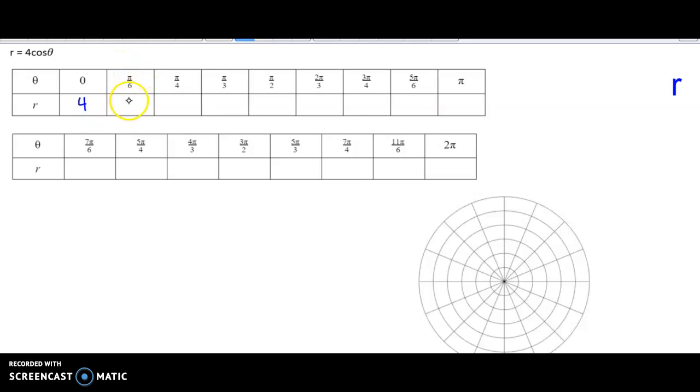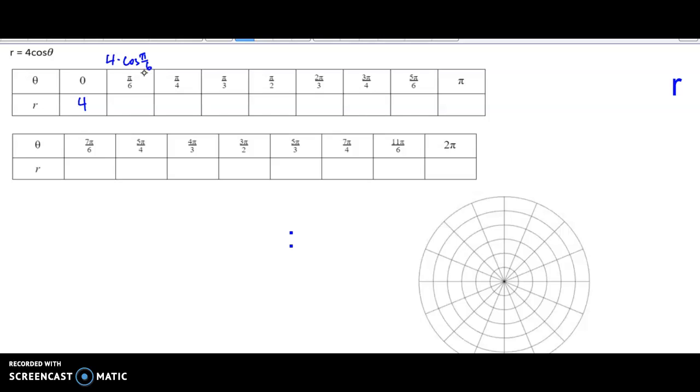Okay, so for pi over 6, you plug that in again for theta, so it's really 4 times cosine of pi over 6. And we know cosine of pi over 6 is root 3 over 2, and then times 4.